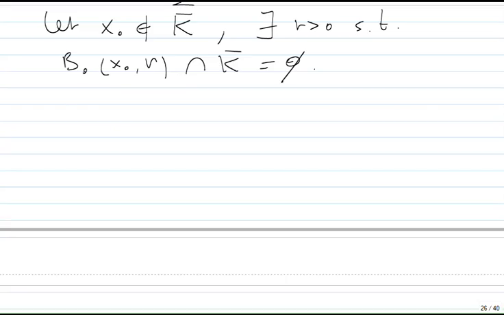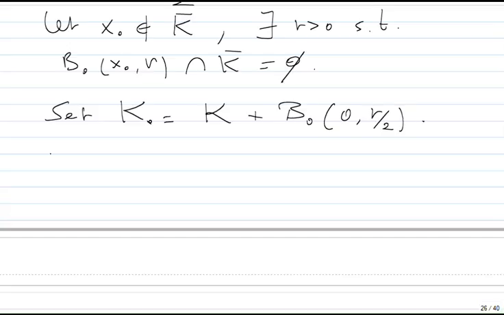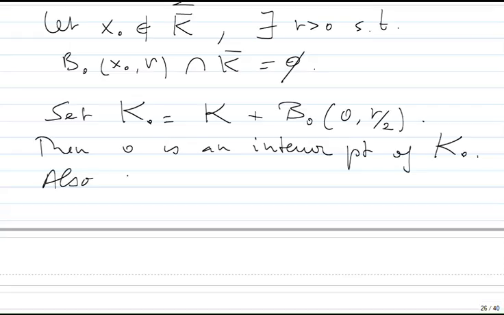Set K0 equal to K plus the open ball centered at 0 with radius R over 2. Then 0 is an interior point of K0. Also, K0 is convex and balanced, because both the open ball B0 and this convex set K are balanced.